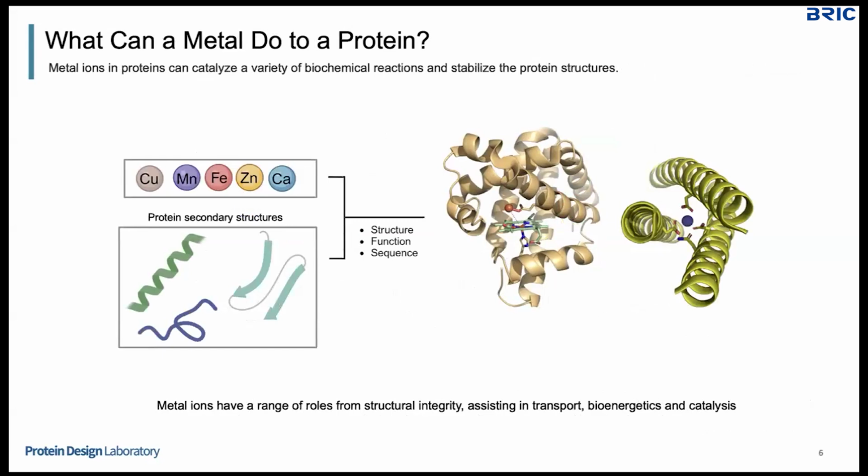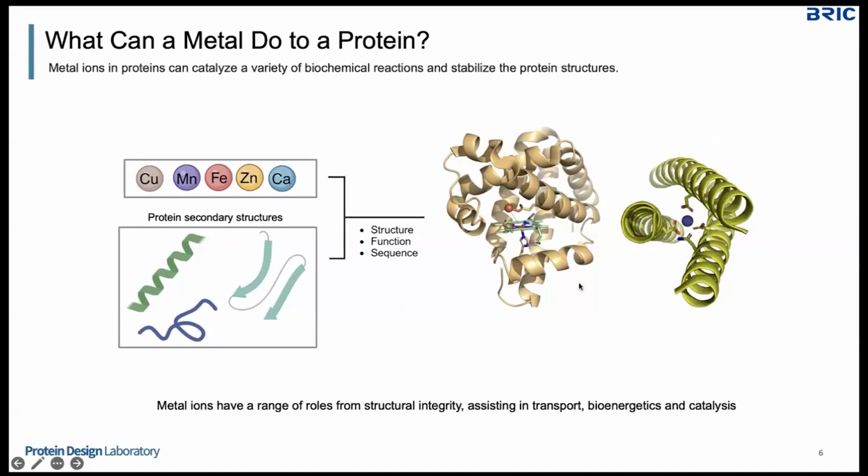Then what can this metal do to the protein? As I mentioned in my first slide, there are three things we need: structure, function, and sequence. If we have a protein secondary structure that is loose or not stable, we can introduce a certain kind of metal to that structure, and that metal may give it a new kind of folding.